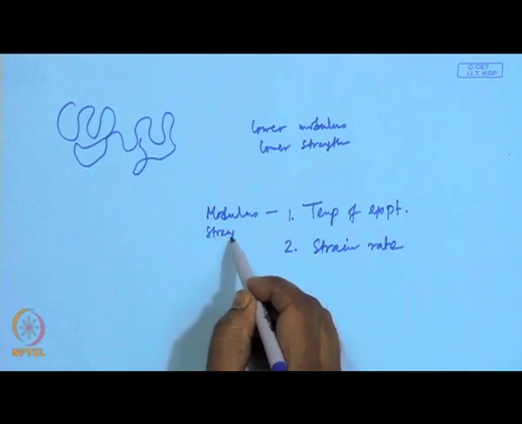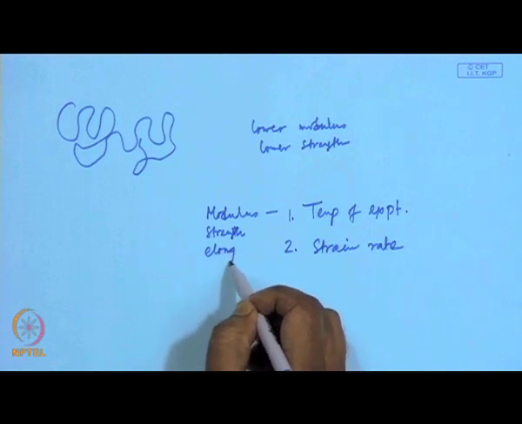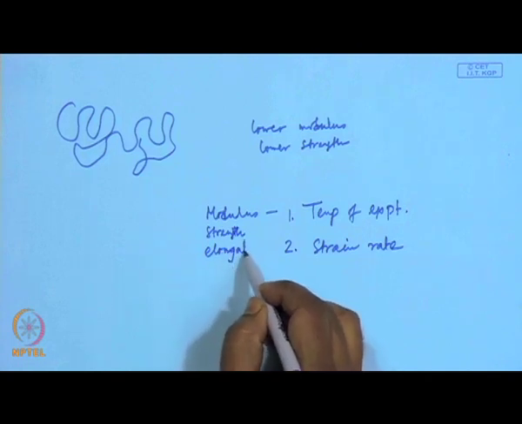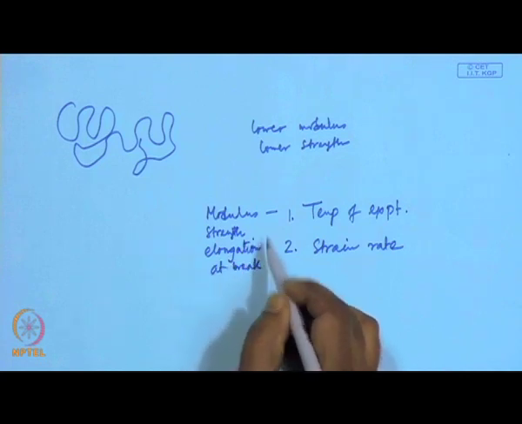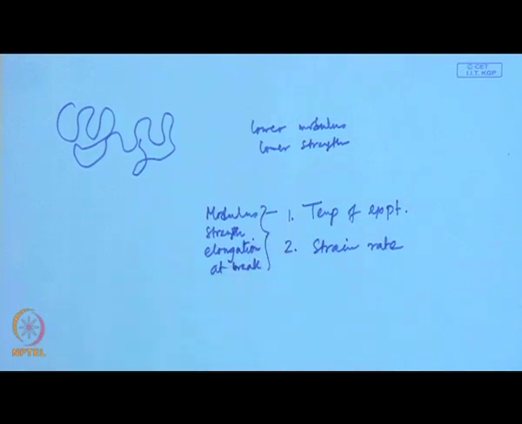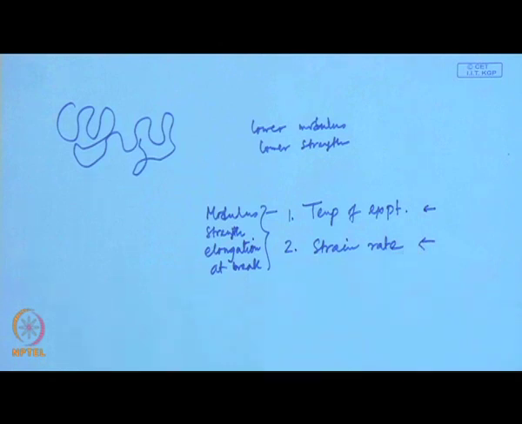So, modulus and other strength or elongation at break, which means we are talking about brittleness, all these mechanical properties depend on temperature of experiment and the strain rate or the stress rate.